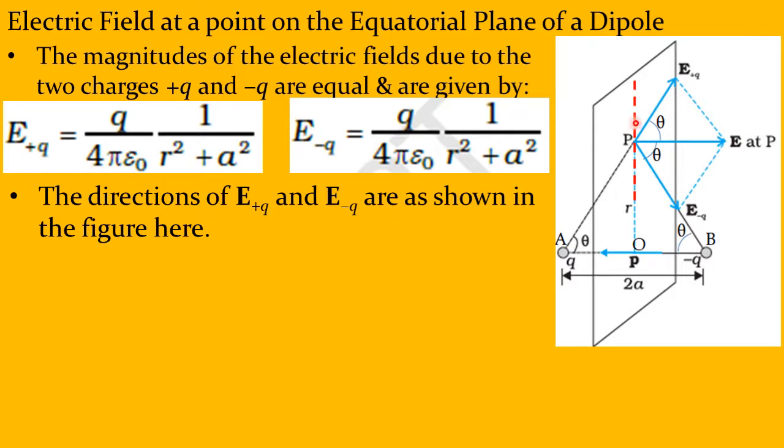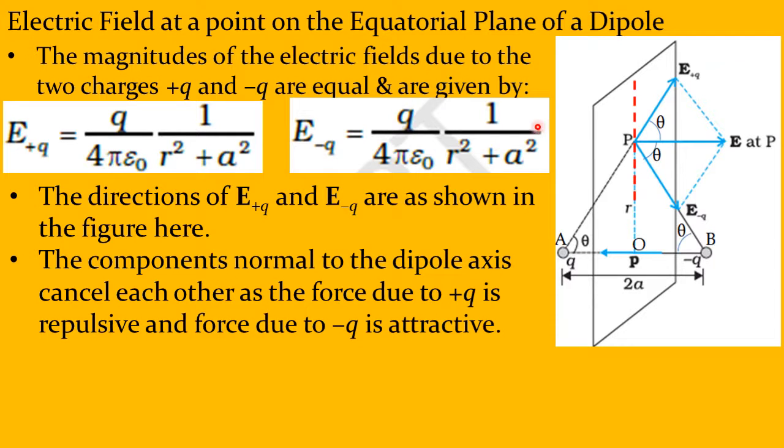I can resolve it into one component which is normal and it will be facing upwards, and the other component will be to the right as shown in the arrow here. Similarly, I can resolve the field due to minus Q into one component which is normal but in the downward direction, and the other component will be again to the right as shown by the arrow here.